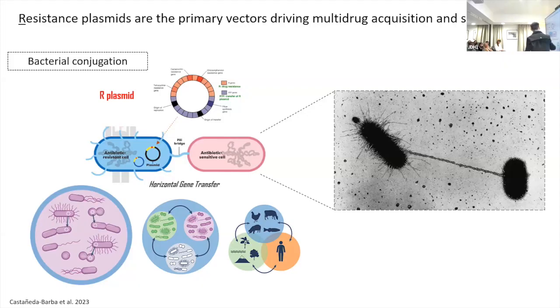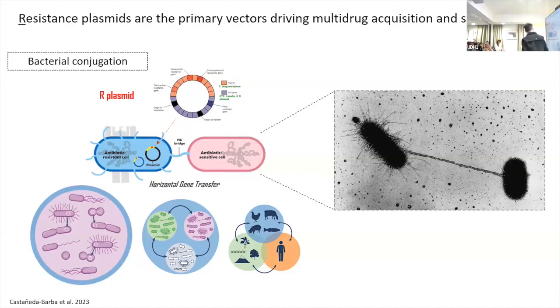Conjugation is a contact-dependent mechanism led by an appendage, a bridge that the bacteria use to transfer DNA, including these plasmids. The plasmid encodes all the genes necessary for this mechanism of DNA translocation. This is a picture, a very old one, showing conjugation in F plasmids.